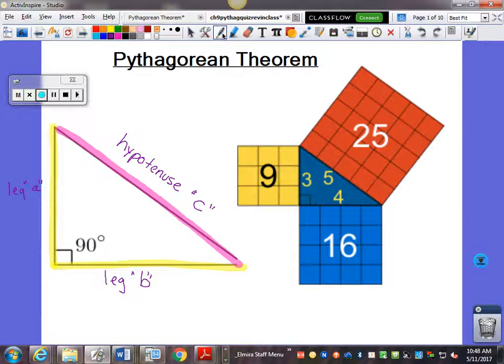And what they noticed is if they add the squares of those two together, 9 plus 16 is 25, it equaled the third side also squared. 5 squared is 25. So that doesn't work for any old 3 numbers. Okay, but it works for some combinations of numbers.